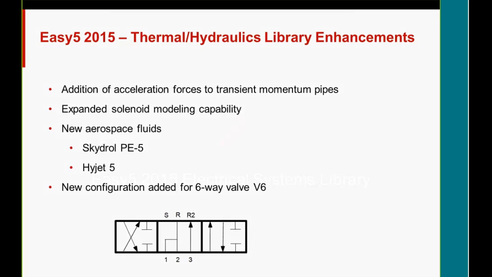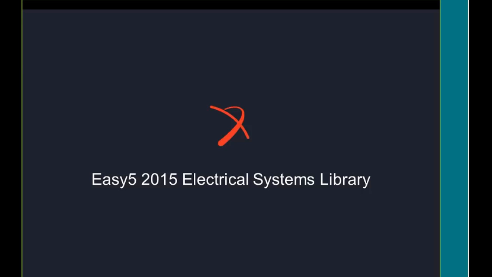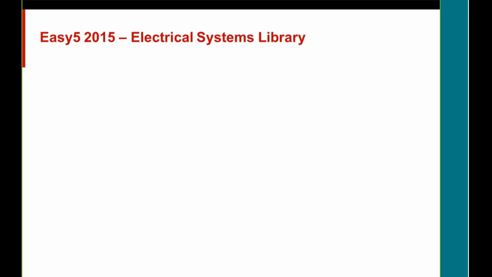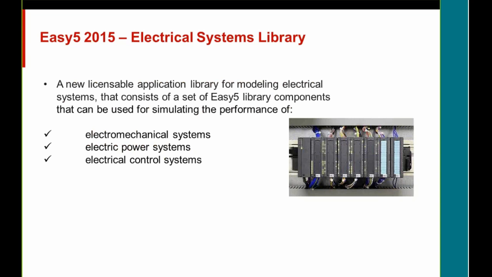electric systems library. This is a new library for Easy5 2015. And it's for modeling electrical systems, not so much electronics in terms of modeling PC boards or things, but more in terms of modeling large electrical systems or power systems or electromechanical systems or control systems.